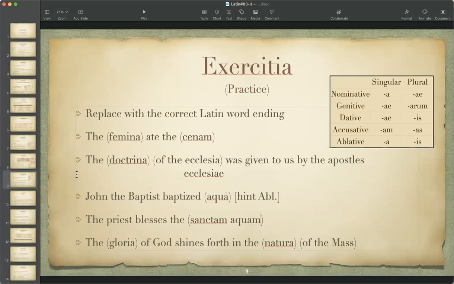And let's see. Then the next one is the glory of God shines forth in the nature of the Mass. I hope that makes sense. It was the best I could come up with. Let's start with glory, gloria.